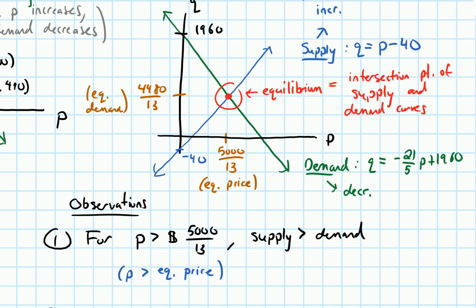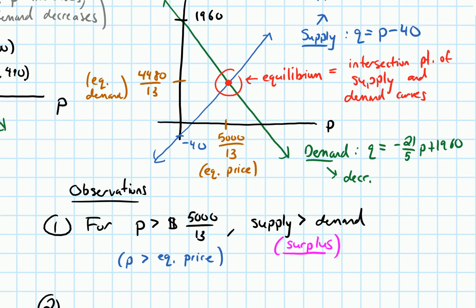To the right of this equilibrium price, the supply graph is higher than the demand graph. When there's more supply than there is demand, there is a surplus of the item. We end up with more of that item available in the marketplace than is actually bought by consumers. This is called the surplus.